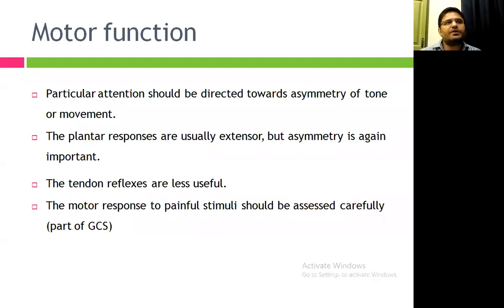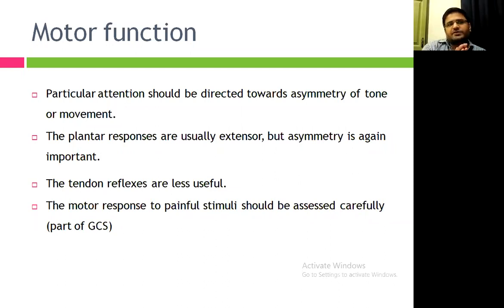Motor function: particular attention should be directed toward asymmetry of tone or movement. That is called localization. Plantar responses are usually upgoing or extensor, but asymmetry is also important, because you don't find extensor responses in every patient, but you may find asymmetry, like no response, or what we call mute. Tendon reflexes are usually less useful because in most patients they are exaggerated.